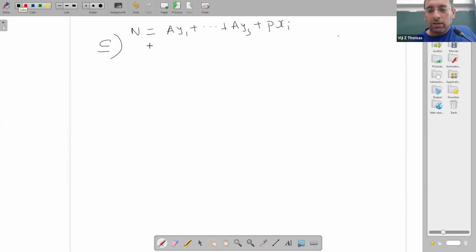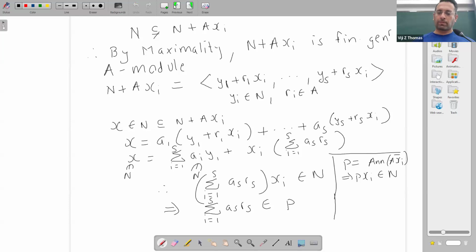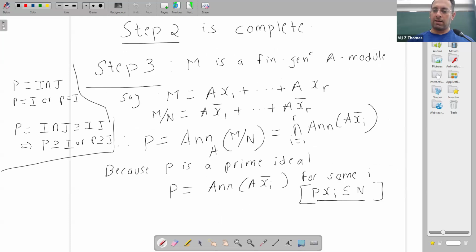Now, we have not yet used that Pm is finitely generated. Now it will come. A y1 plus dot dot dot plus A ys plus P xi, where was xi? Let's go to the previous page.